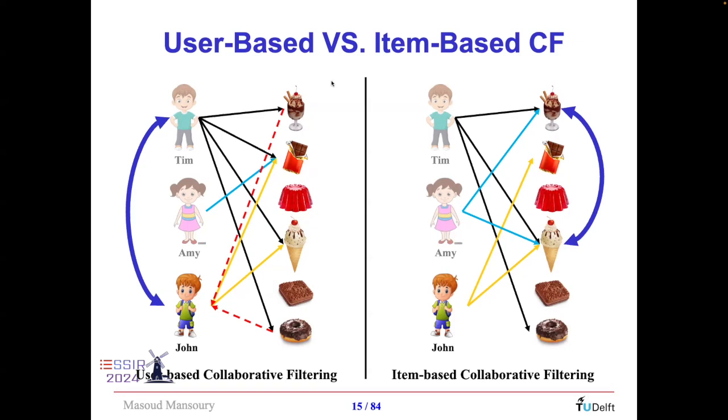So here we go for the item similarity among all the items that John interacted with in the past. John interacted with 2 items, this one and this one. This one doesn't have any similar item because there is no overlapped rating between this item and other items in the system.